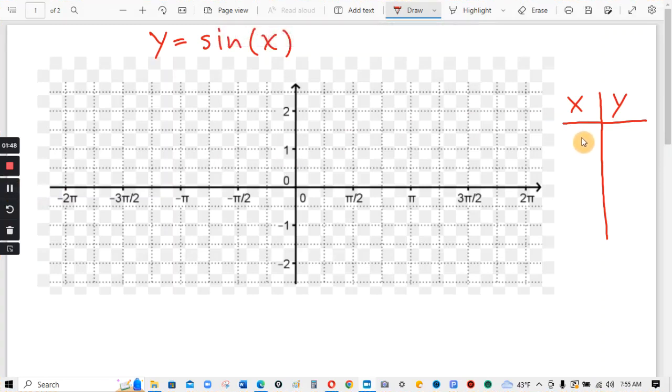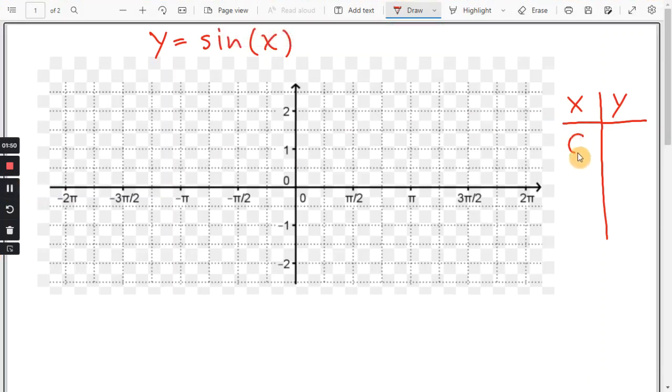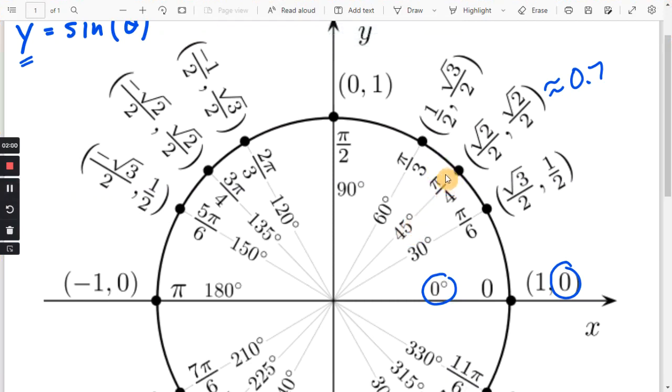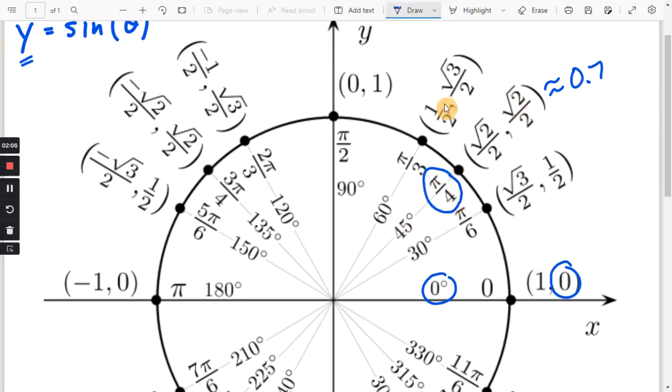At 0 degrees, or radians actually, 0 radians, the y-coordinate is 0. So it's going to start at the origin. At 45 degrees, or pi over 4 radians, the sine, or the y-coordinate, is radical 2 over 2, which is just 0.7. So at pi over 4, we have 0.7.